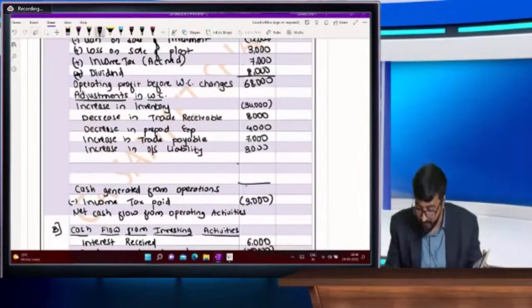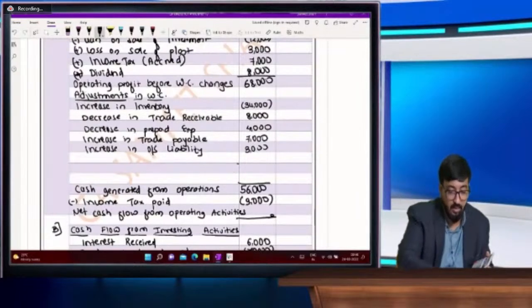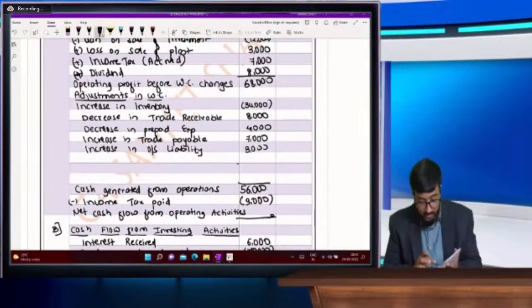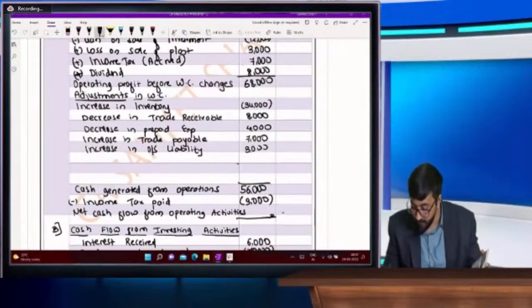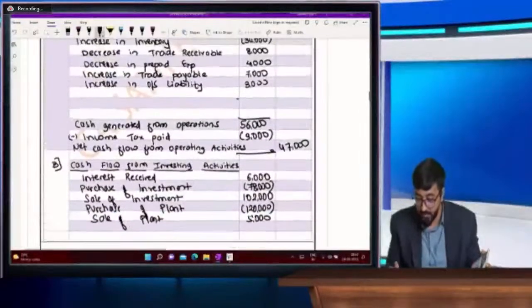I am getting 56,000. 56 minus 9, 47,000, is the net cash flow from operating activity.